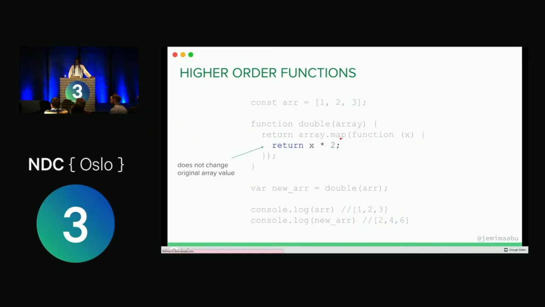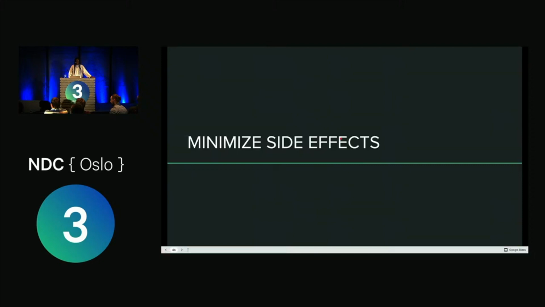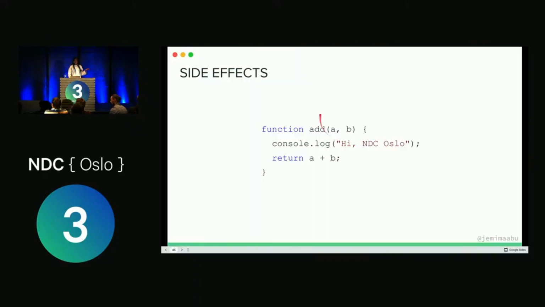A function that takes a function as a parameter does not change the original array value. And then minimizing side effects. Like we mentioned earlier, functional programming is a predictable language. So when you're writing it, you want to avoid having side effects that you were not expecting. Let's take a look at what a side effect would be. Here, we have our function add, and then we're returning a plus b, but then we're also console.logging hi NDC Oslo.